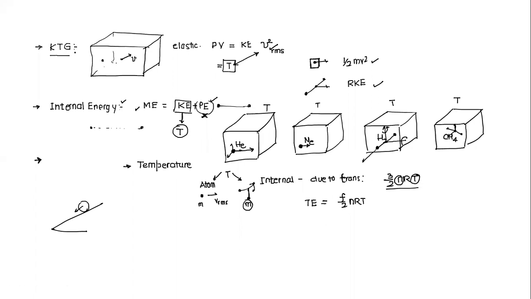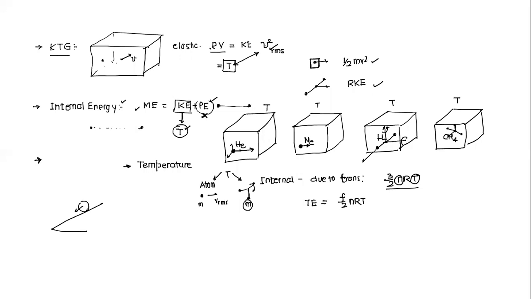So the first part is understanding of internal energy, and why internal energy comes in the form of temperature. Is it kinetic energy? Yes, it is. Does temperature indicate kinetic energy? Yes. How do we get that relationship? From the kinetic theory of gases, where we express pressure in terms of VRMS.